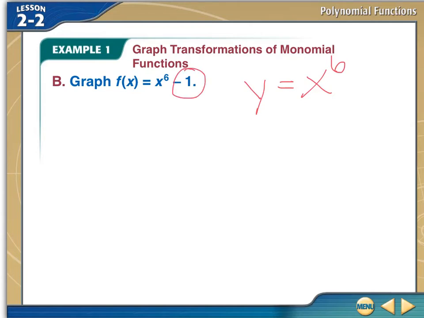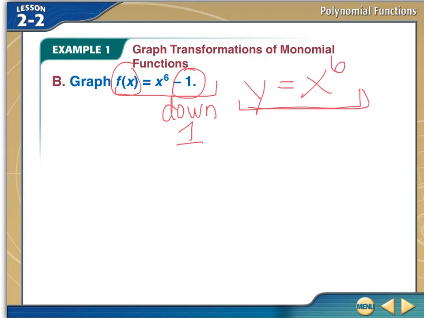This minus 1 is on the outside of the grouping symbols, so I know it is going to shift the parent function down 1 unit. So y equals x to the 6th and f of x are the same shape, just f of x is shifted down 1 unit.